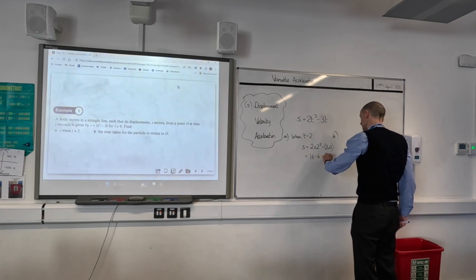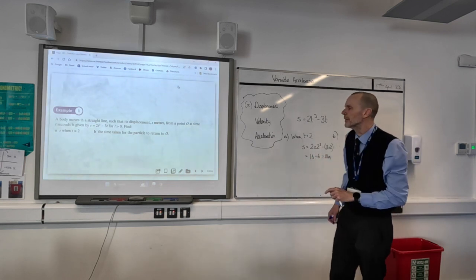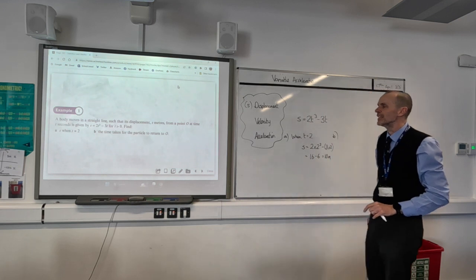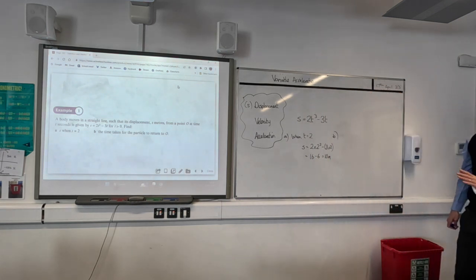And the units will be hidden in there sometimes. Normally we're dealing with displacement in meters, velocity in meters per second, acceleration in meters per second squared.